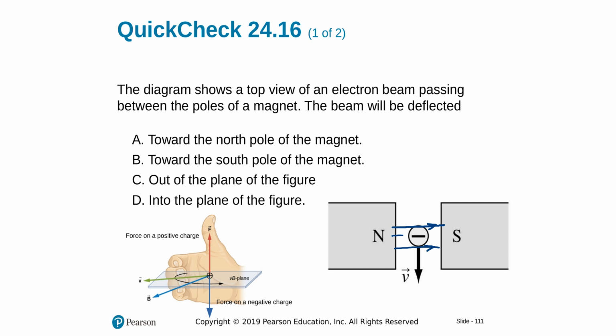So what I'm going to do, apply my right hand rule 3, looking at this picture. I'm going to align my 4 fingers along the speed first, along the velocity. Then I'm going to rotate my arm to be able to roll my fingers towards the magnetic field.